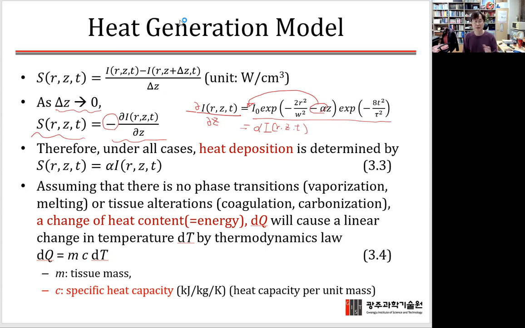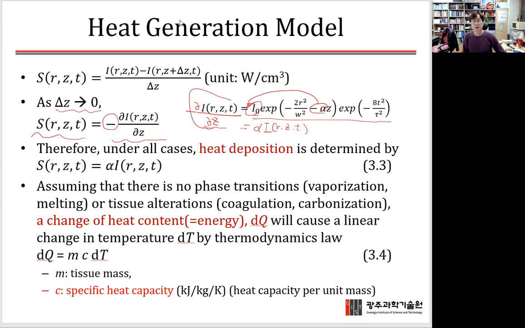In the previous slides. So when you differentiate this I with respect to z, the leftover is going to be I sub 0, and then minus alpha is going to come in front.